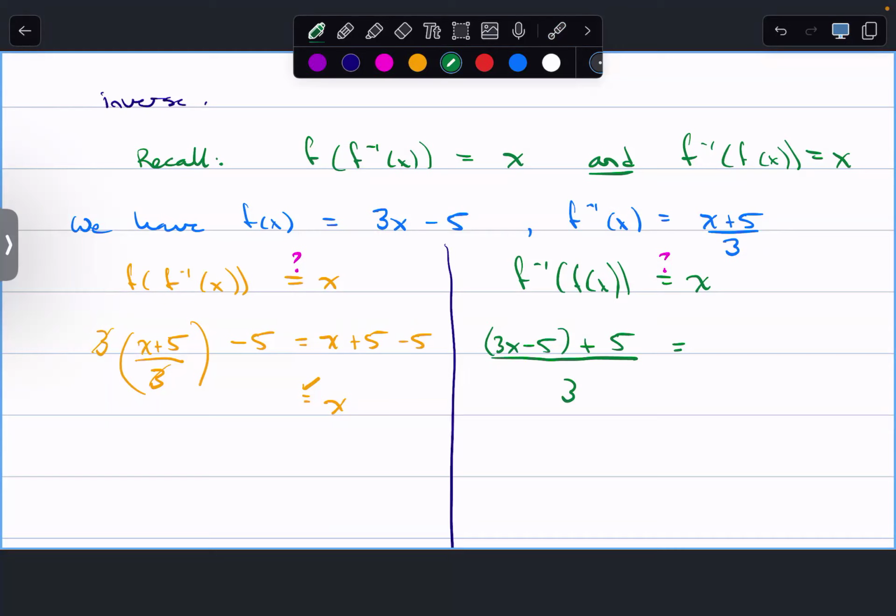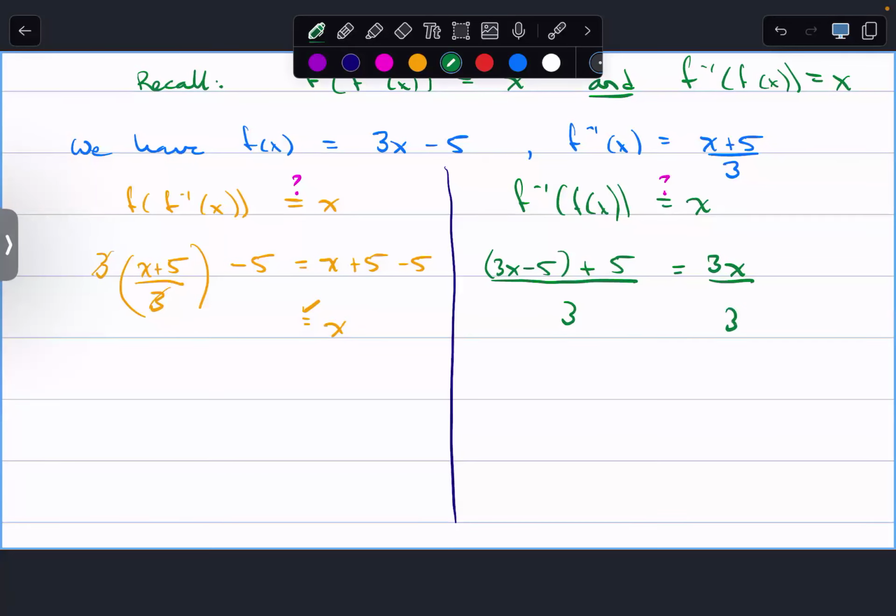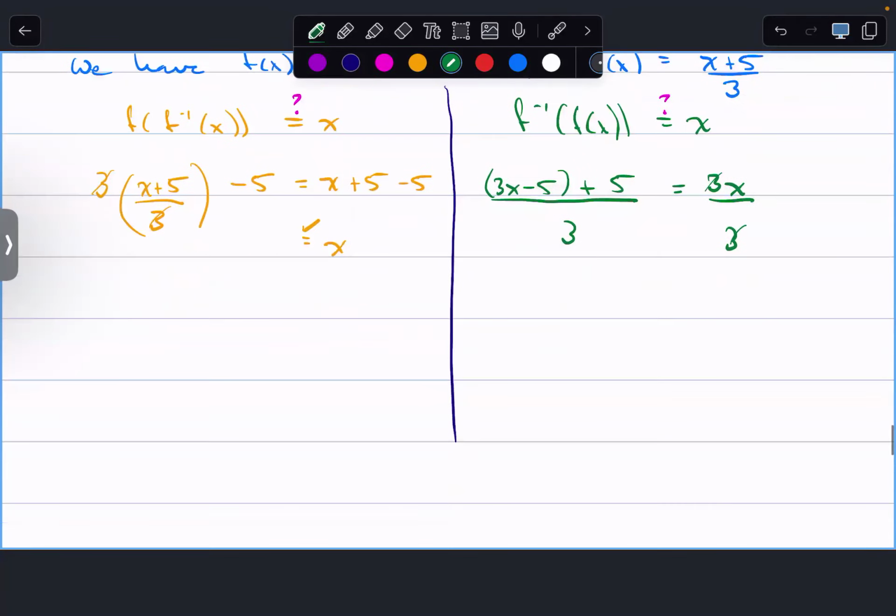There are brackets around 3x minus 5 just for me to see that they're one thing, but they're not doing anything. So 3x minus 5 plus 5 puts me at 3x divided by 3. Party time. 3 over 3 goes to 1, and I'm left with x. It's a good feeling when you get to that x. Pretty fun, right?